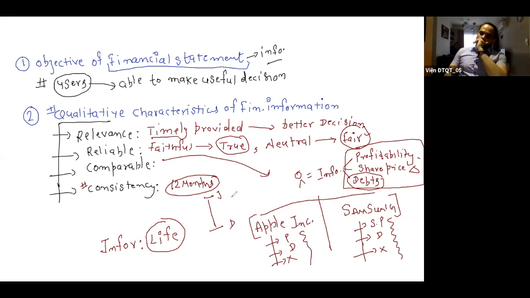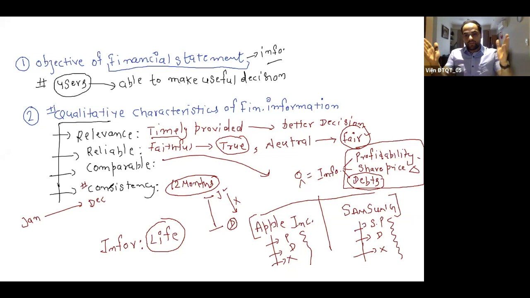So remember, if you apply any accounting policy or rules, you cannot change them before your financial year ends. So for example, you have January and you have December. So in this 12-month period, we record financial information, whatever has happened in these 12 months.